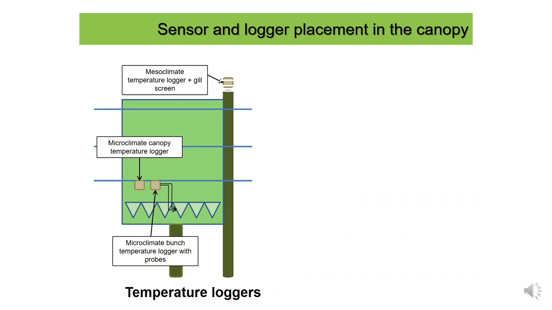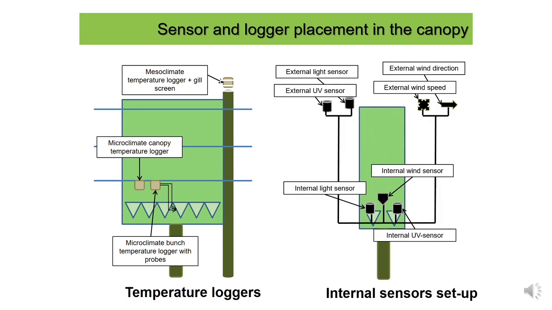To measure or to assess the climate at the vine level or at the fruit zone level, you need loggers. You need loggers above the canopy, for example, to measure the mesoclimate, or you need loggers within the canopy at the fruit zone level to assess the microclimate. You have loggers for temperature, light, air humidity, wind, etc.